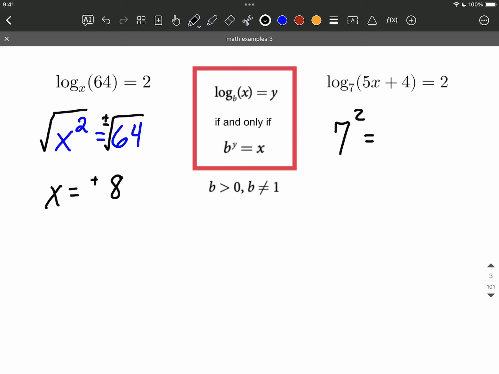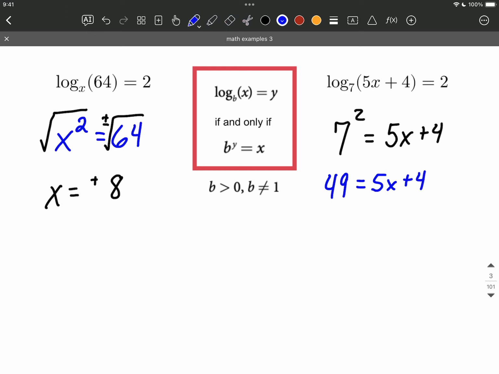The 5x plus 4 goes on the other side. Not too bad of an equation here. 7 squared is 7 times 7, which works out to be 49. We'll bring down the 5x plus 4 from the right-hand side.